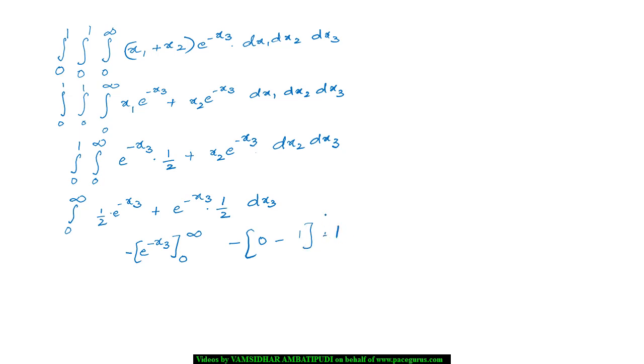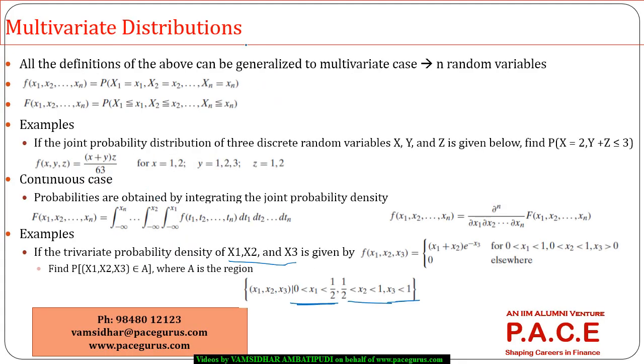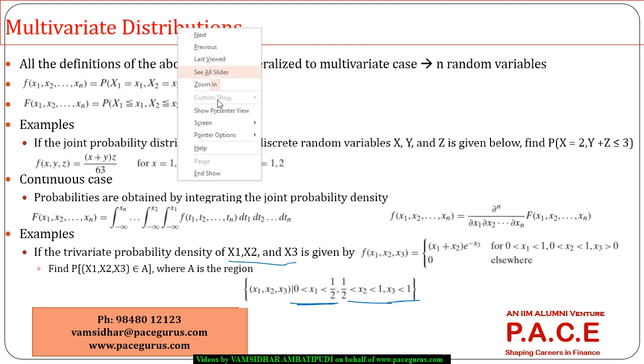So this is very much a possible density function, right? Now if I go ahead and try to solve the problem to find out the probability that x1 is lying between 0 and half, x2 is lying between half and 1, and x3 is lying between 0 and 1.